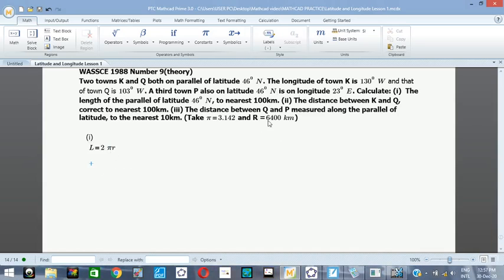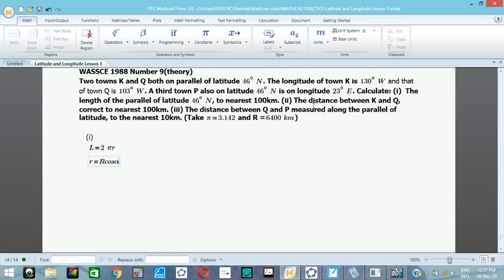If you look at this question, radius is given as 6004. So this is the radius of the sphere from the center of the sphere. But this small r is the radius of the parallel of latitude. And we have a formula for it: r is equals to capital R, the radius of Earth, multiplied by cos alpha. And what is alpha?